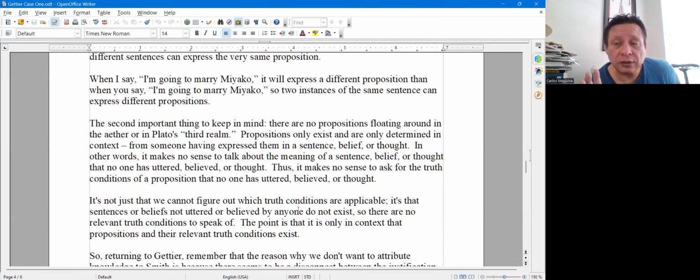It takes a little bit of a while to wrap your head around what I'm saying, and also to convince yourself that that makes sense. The meaning of the proposition is determined from context, so it only exists in context. Sentences that are not said in context have no meaning. You can't determine the meaning, because there is no meaning.